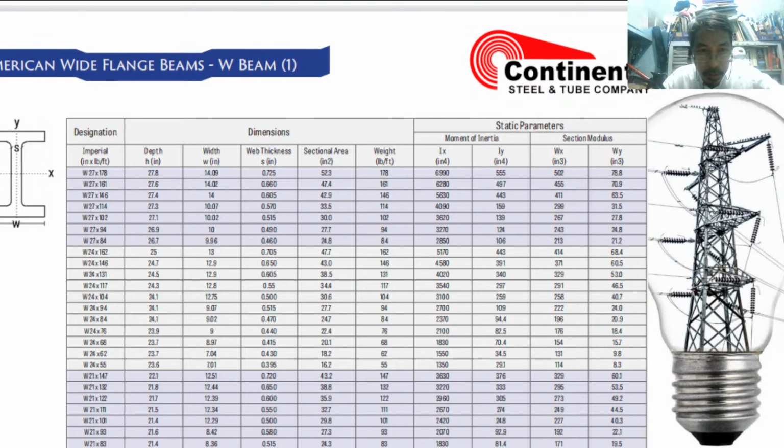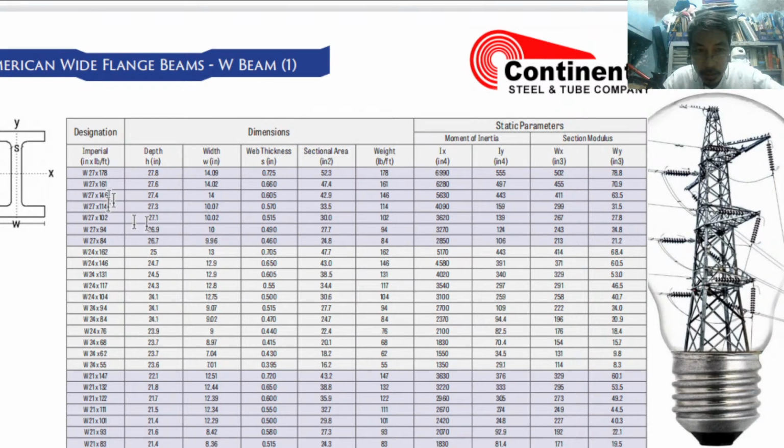So at your screen, you can see the W section. This is not from the code. This is from Continental Steel and Tube Company. Let us find out if it will reveal the different properties.